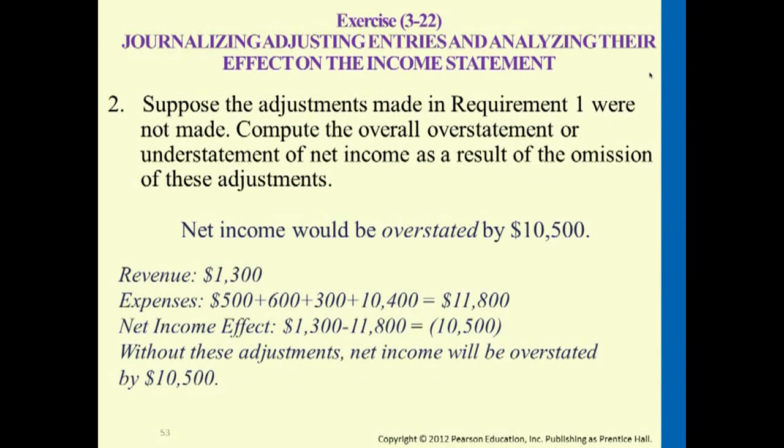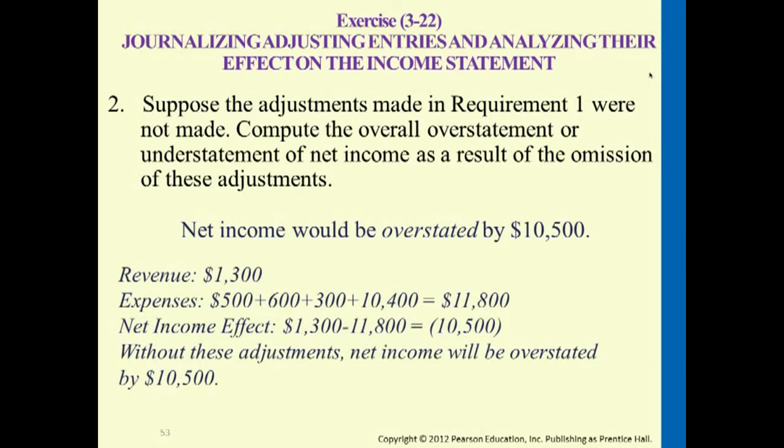Okay, so the overall effect, you'll be adding up all the expenses, rent expense, insurance expense, salary expenses, and also the prepayment. Now, for the revenue part, we have $1,300. So altogether, if we didn't journalize these entries, the expenses listed on the income statement will be too low.